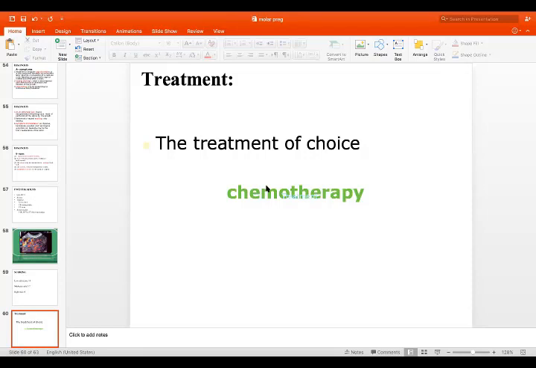The treatment of choice for carcinoma is chemotherapy. It may be single agent or multiple agent chemotherapy.